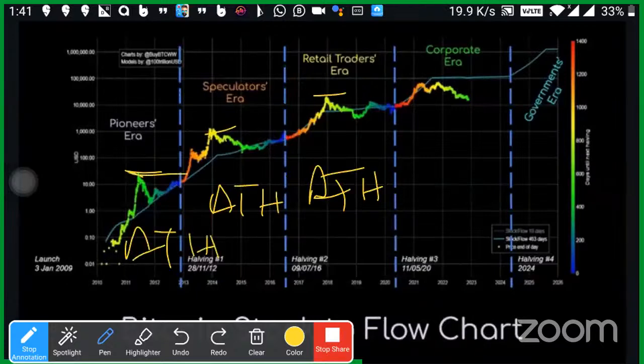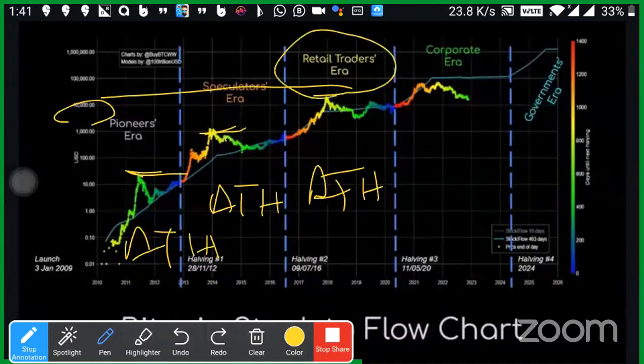This was around $10, this was around $1,000, and now you can see it is more than the $10,000 mark, right? This we saw in the previous era, called the retail traders era. Why is it called retail traders? Because by now most of the retailers and merchants in the world started believing in the power and potential of Bitcoin, a wonderful asset that is growing in value every year and touching a new all-time high.